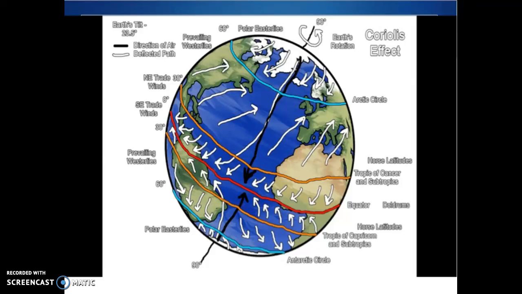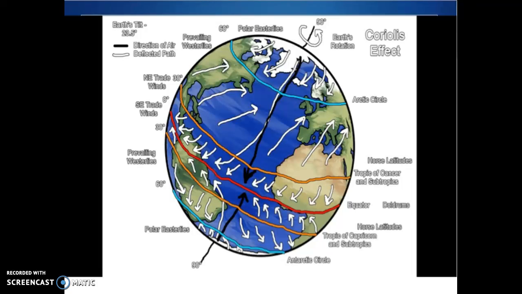And then if you look and read on the side, you can see where the westerlies are located in the upper left, and then the polar easterlies, and how those winds collide at the Arctic Circle. And then you can also see where the trade winds are, which is along the equator, and then the prevailing westerlies and the polar easterlies, those are all near the poles, which is really cool.